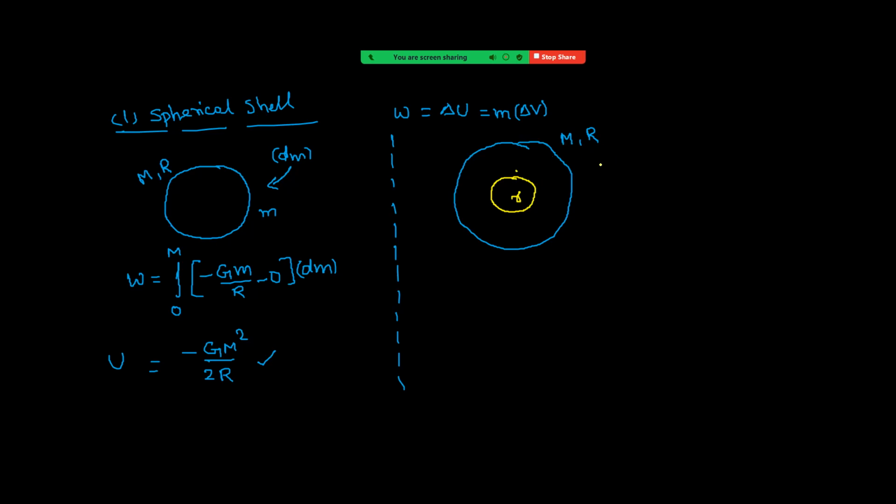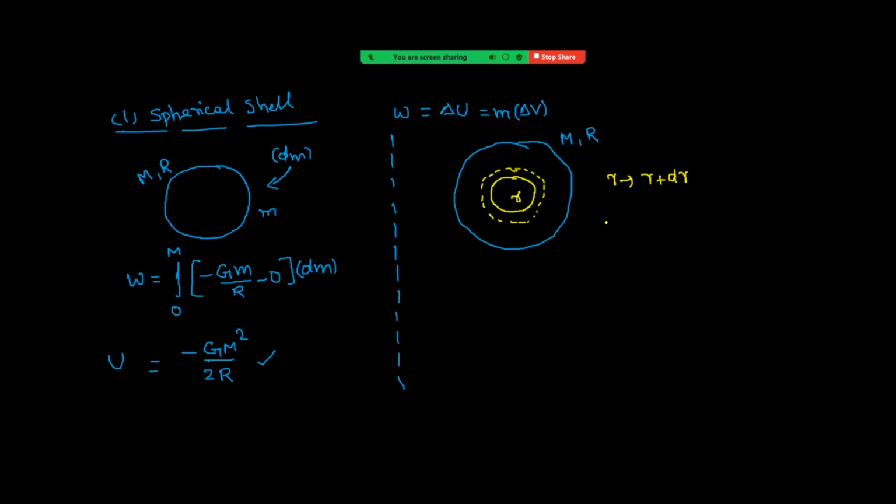Now we are bringing masses to increase the radius from r to r plus dr. Then see how much mass is required.